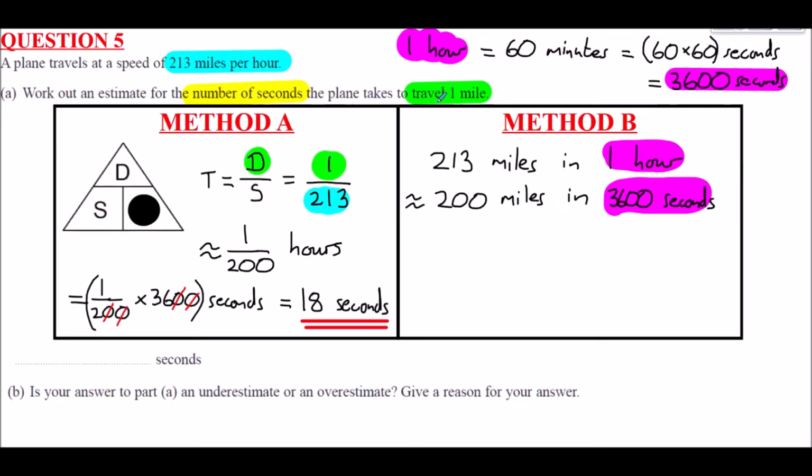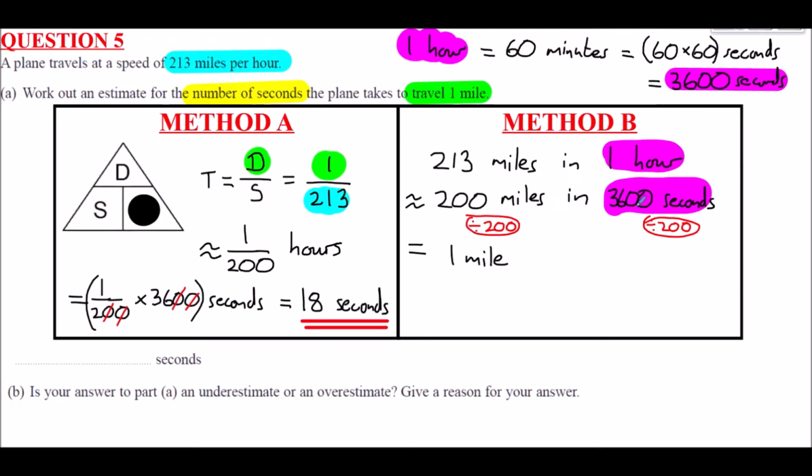But we want to work out how long it takes to travel 1 mile, not 200. So what we can do here is just divide both the mile value and the time value by 200. 200 divided by 200 gives us obviously 1 mile.